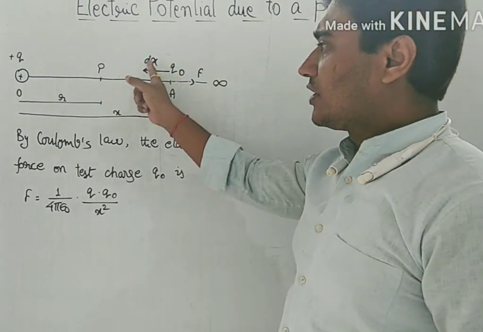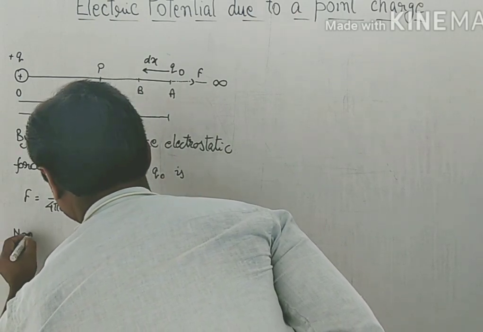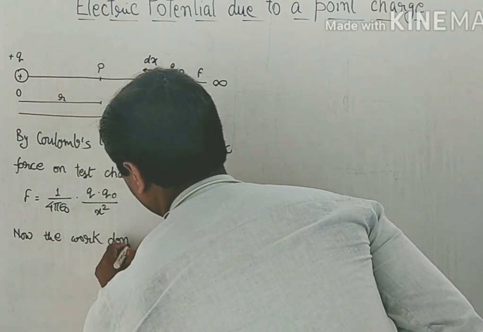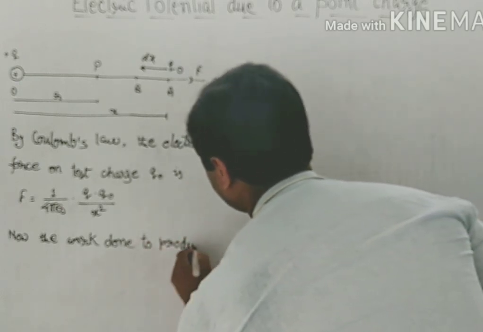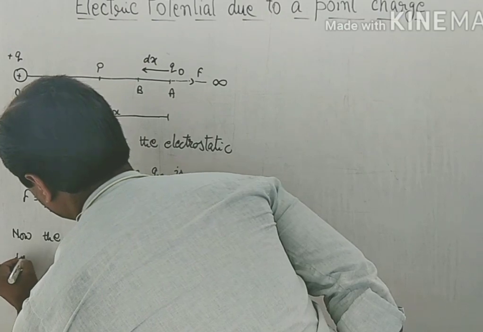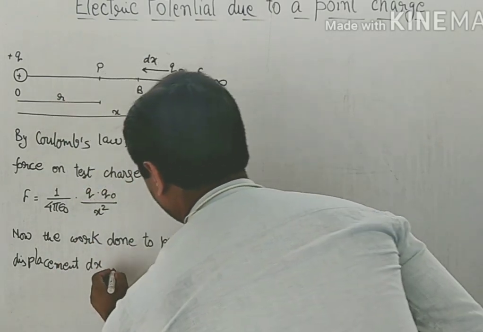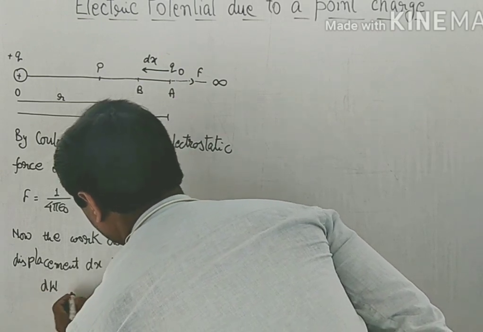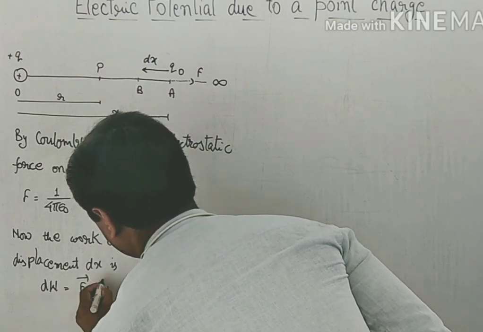Now let this be displaced through a small displacement dx. So the work done to produce the small displacement dx is dW, which equals F dot dx.